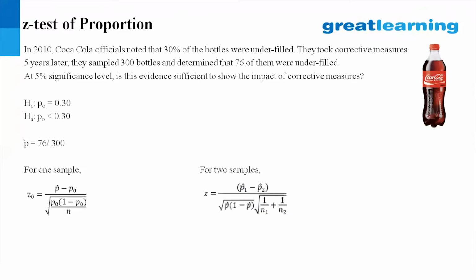After that you pitch in these two formulas. If you have just one sample, you calculate a Z statistic using the P hat and the P naught values. If you have two samples, like you took 300 from one center and 300 from the other center, you will have two proportions, P1 and P2. But in either of the cases, you compare this P hat, that is the actual underfilled proportion that you've got, against what your proportion initially was, and you get a Z value.